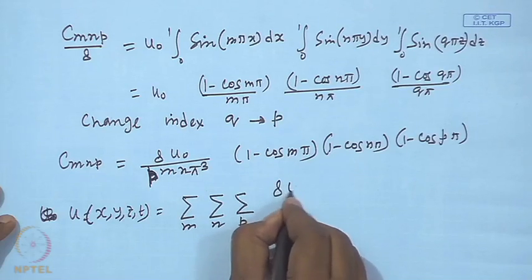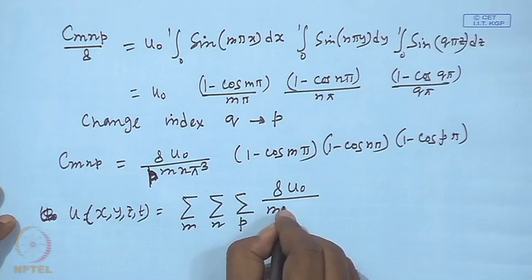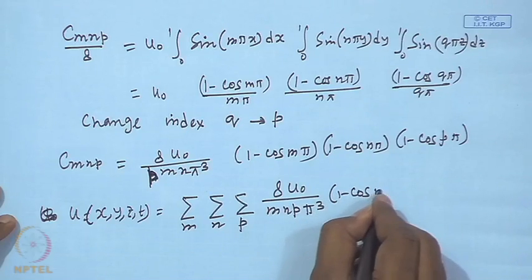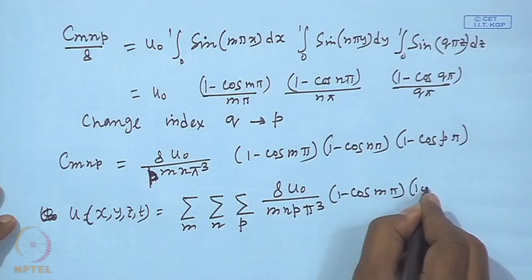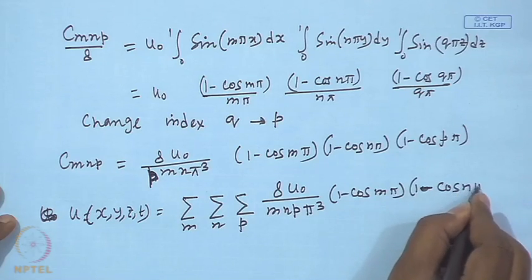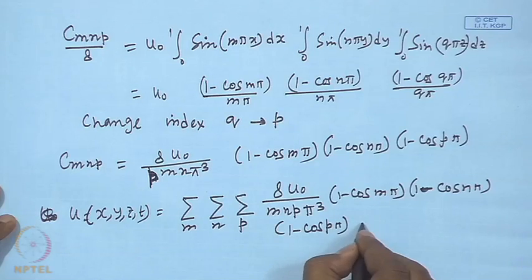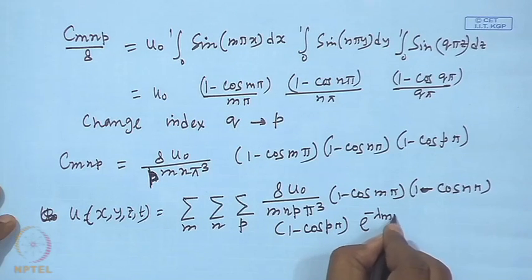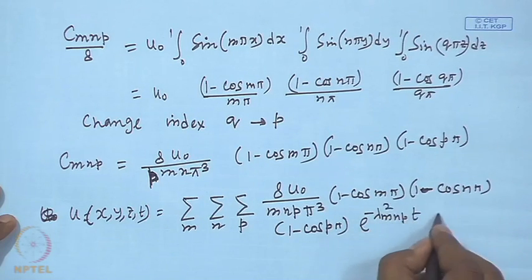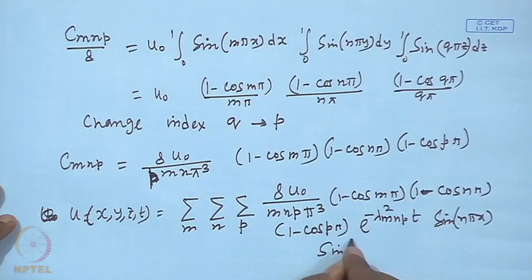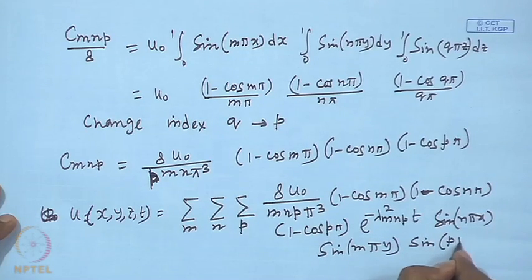This becomes 8u0 divided by mnpπ³ times (1 − cos mπ)(1 − cos nπ)(1 − cos pπ) e to the power minus λ_mnp² times t, sin nπx sin mπy sin pπz.